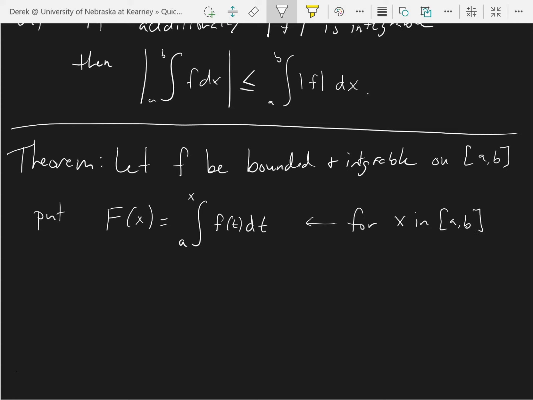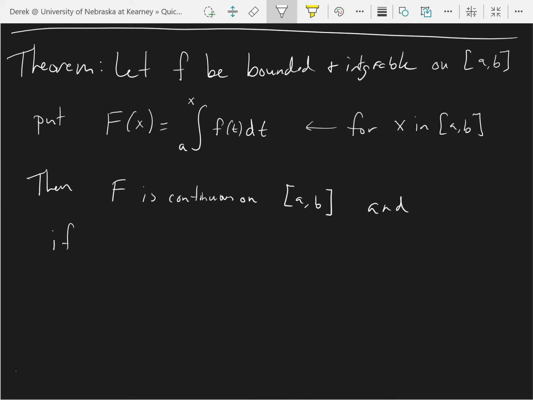Okay. Then the conclusion is that F is continuous on [a, b], and if little f is continuous at x naught, F prime at x naught equals little f at x naught.